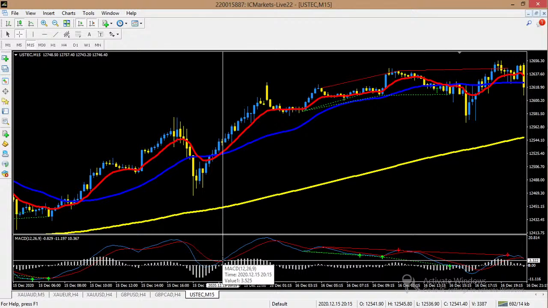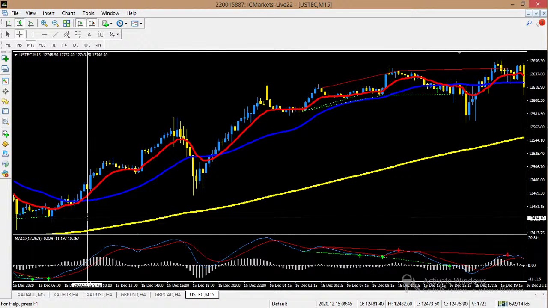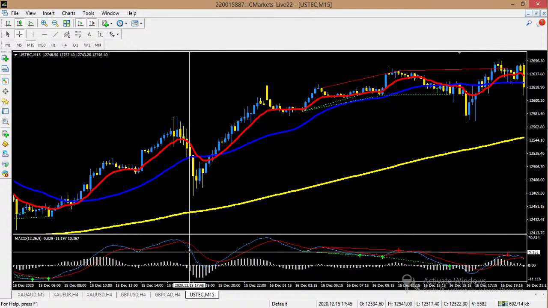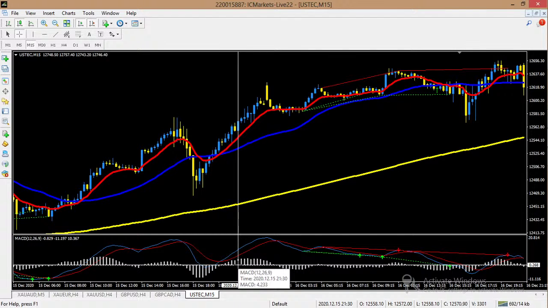Remember, all the while the MACD signal line has been above the zero line level.